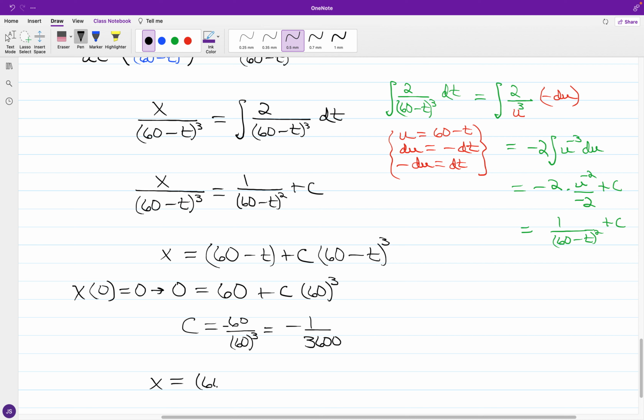So putting it back, we have x is equal to the quantity of 60 minus t, minus 1 over 3600 times the cube of the difference between 60 and t. That will be the amount of salt in the tank after t minutes.